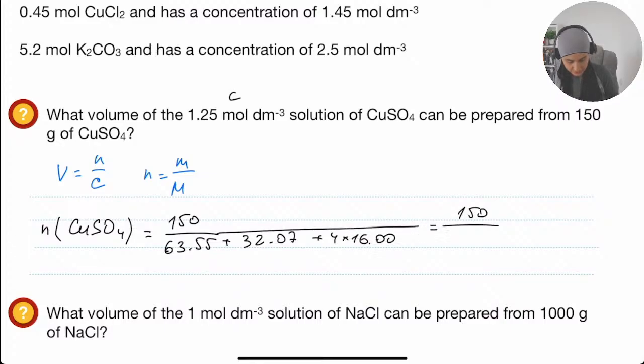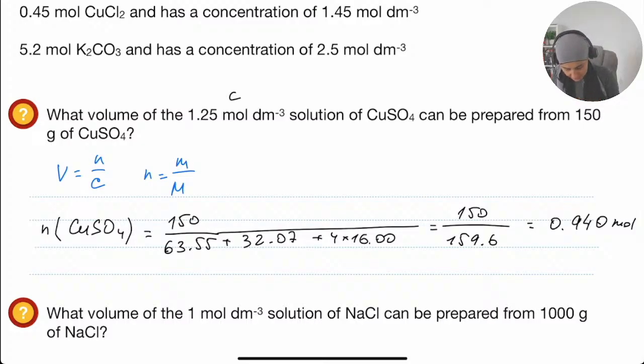So it's 150 over 63.55 plus 32.07 plus 4 times 16, which is 159.6. And 150 over 159.6 gives me 0.940 moles. That's the moles, and we know that the concentration is 1.25.